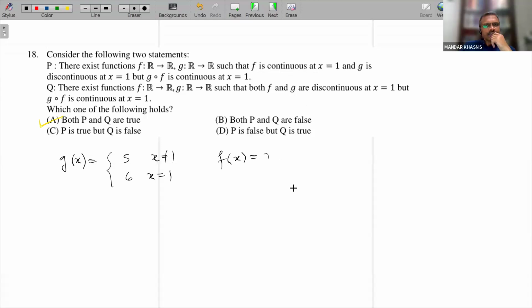Okay, I take f(x) equal to x for all x. What will be g composite f? I don't know, I'm just trying. g composite f of x will be what? If x is not equal to 1 it's the identity, so it's still 5 and 6. I want continuity at 1, so that won't work.